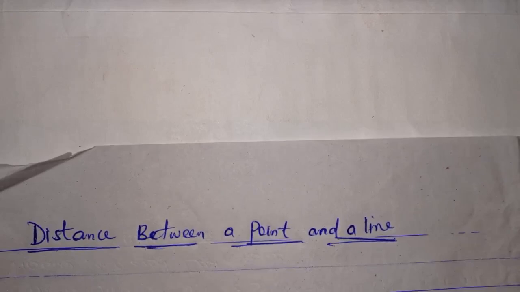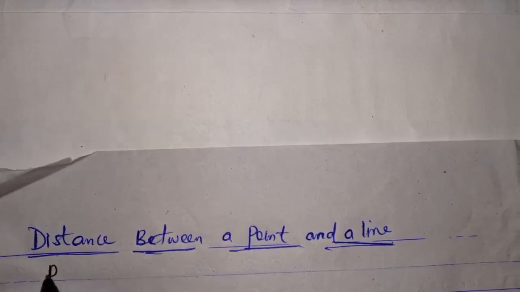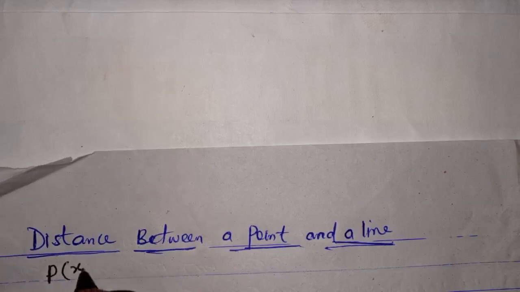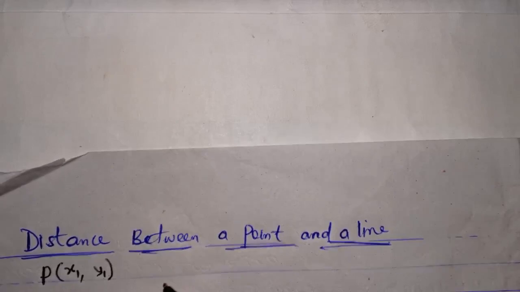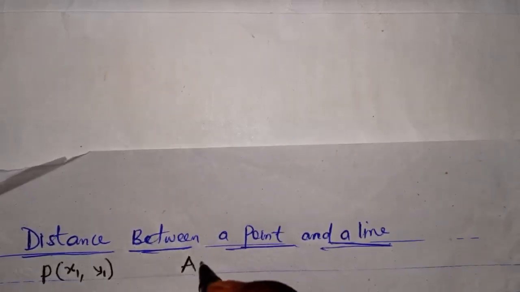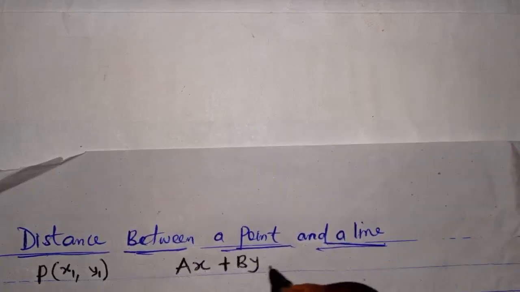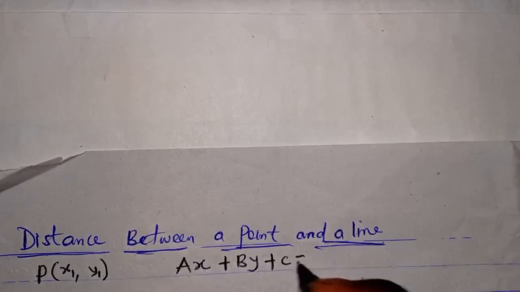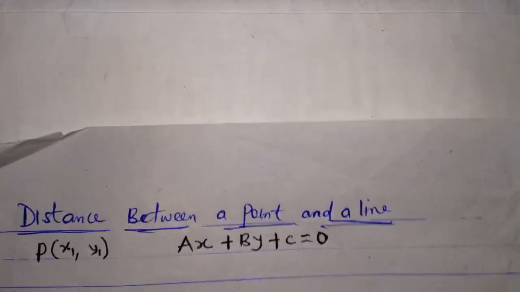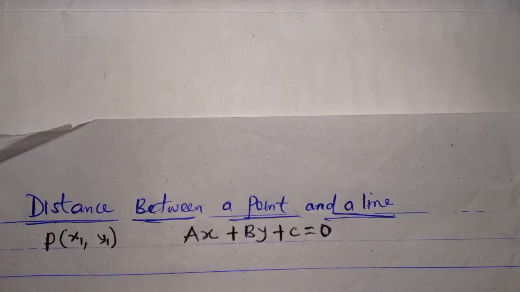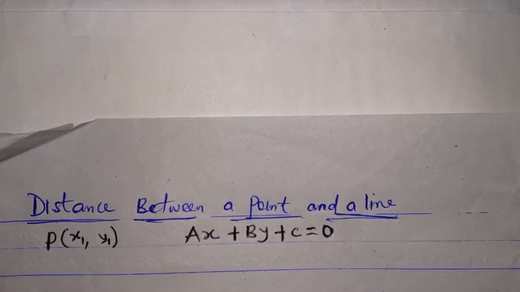If I have a point P (x1, y1), and a line that has the equation ax + by + c = 0, the perpendicular distance, or the shortest distance between the point and the line, has the formula.